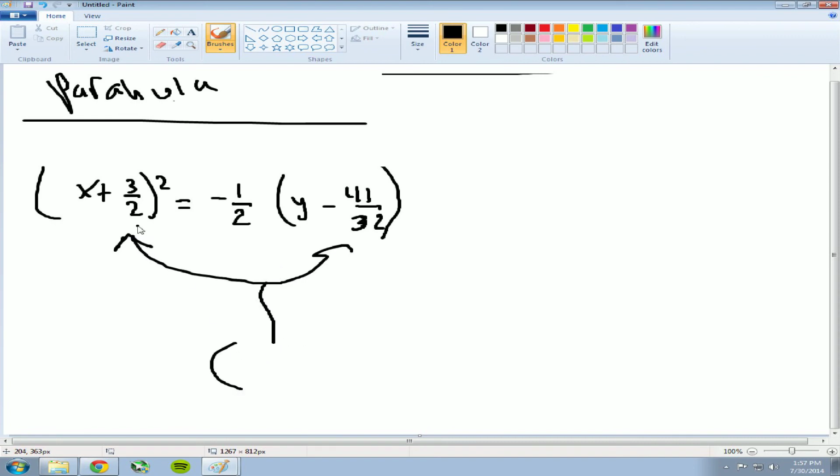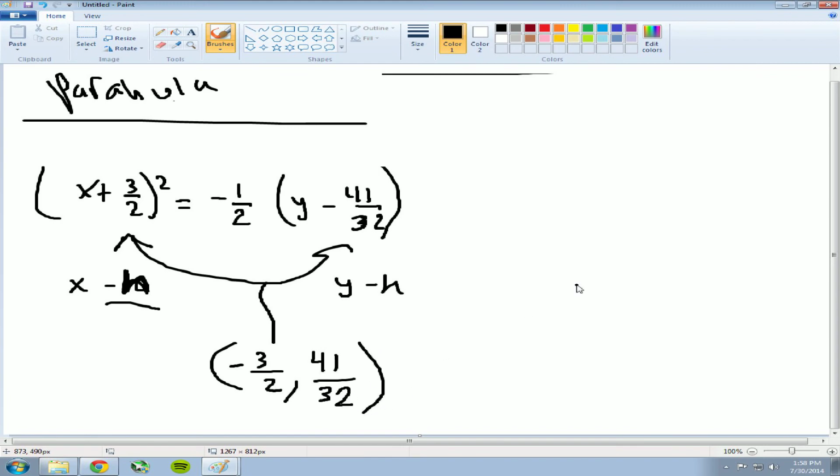So the vertex is going to be, remember, x minus h and y minus k. So the x is going to be negative this, so it's going to be negative 3 over 2. The second one is going to be negative this, which is 41 over 32. That's going to be the vertex.